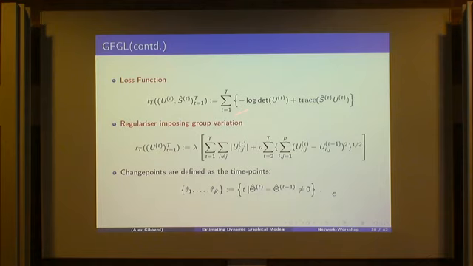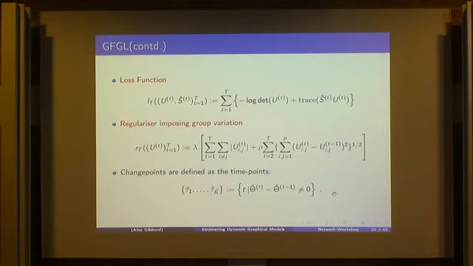The loss function is this one, and then the regularizer. Here I have changed the notation from lambda 1 and lambda 2 for simplicity in calculation: I assume the first one is lambda and the second one is a multiple of lambda, since you can always do a scalar transformation in that way.